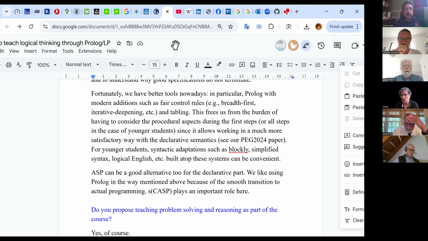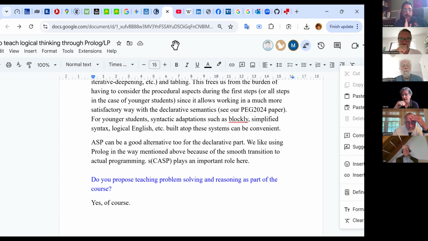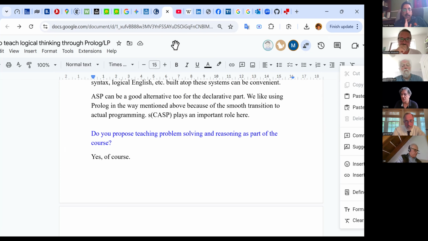Now, ASP is also a good alternative, I think, for the declarative part, if you don't look at the operational, at least for the programs where it works. But we prefer to use Prolog just for the fact that it gives you a smooth path to also go into the operational semantics and programming and so on. So this possibility of making the whole trip with one system is what is attractive for us.